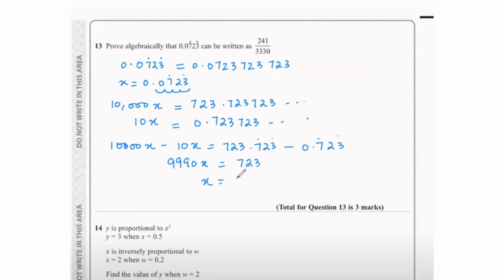So now we do x equals to 723 divided by 9,990, which when simplified gives you the number 241 divided by 3,330, because you would just divide this by 3 because 723 is divisible by 3 and 9,990 is also divisible by 3.